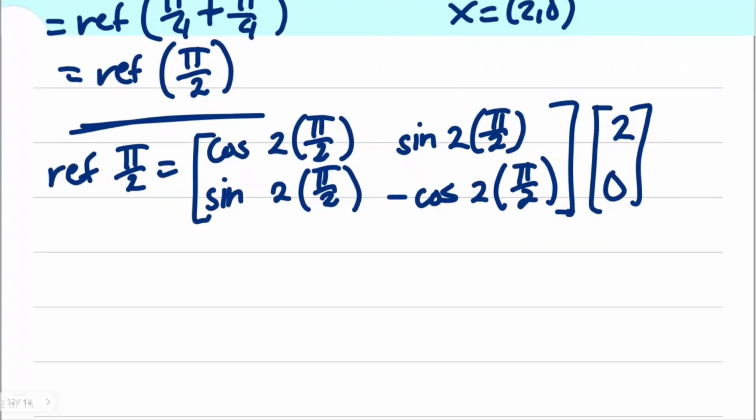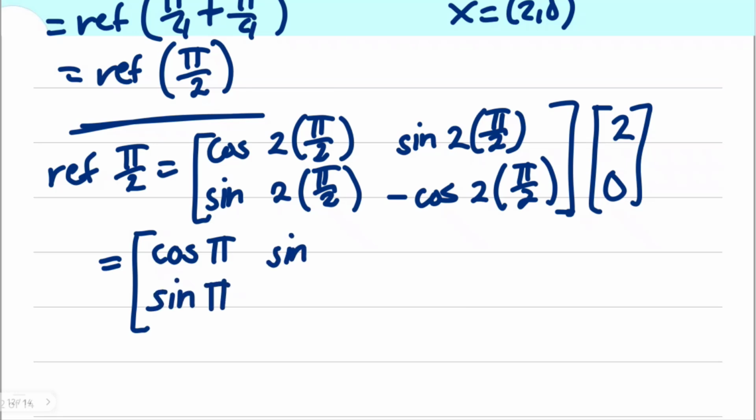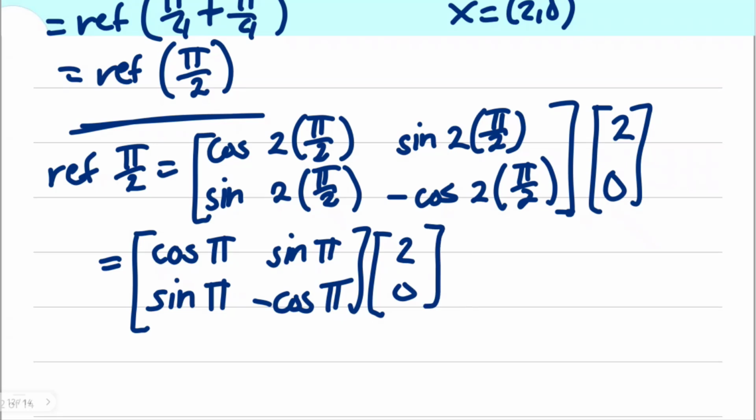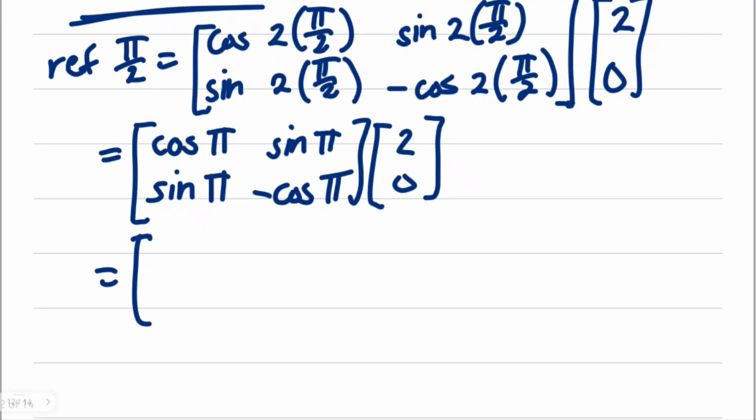First let's simplify the trigonometric functions in the matrix. That's cosine of pi, sine of pi, sine of pi, and negative cosine of pi, still multiplied by 2 and 0. Cosine of pi is negative 1. Sine of pi is 0.